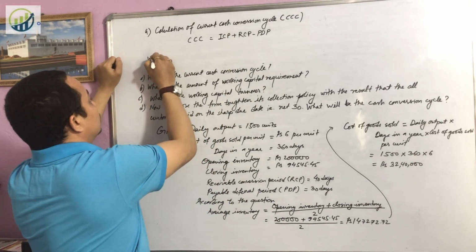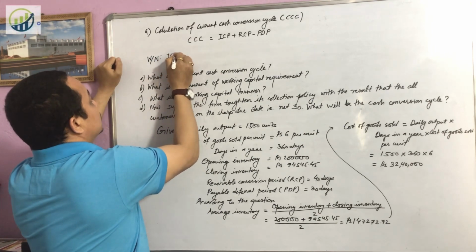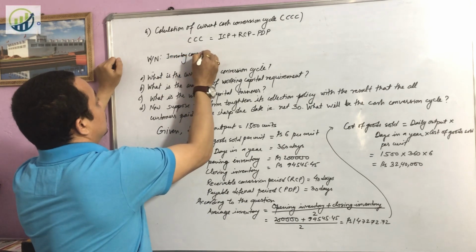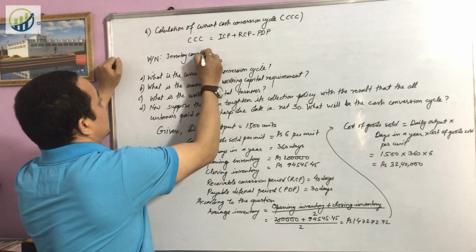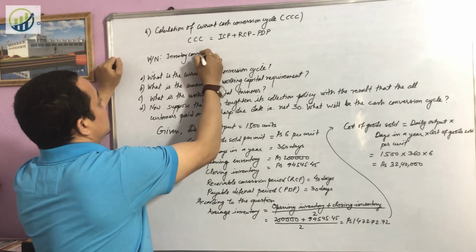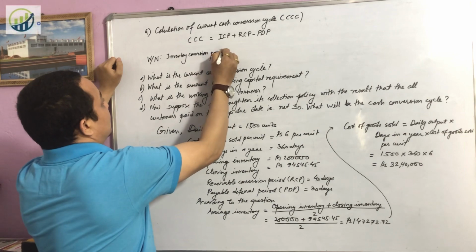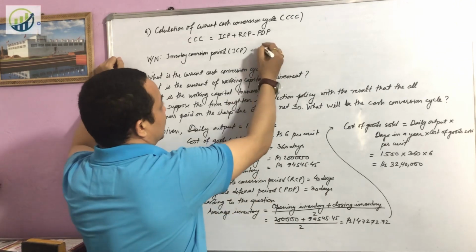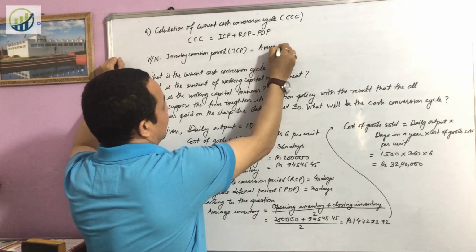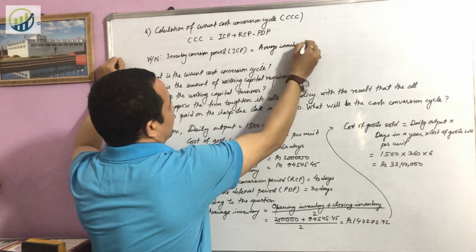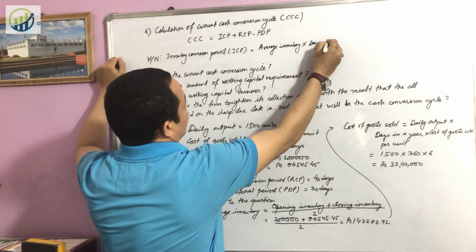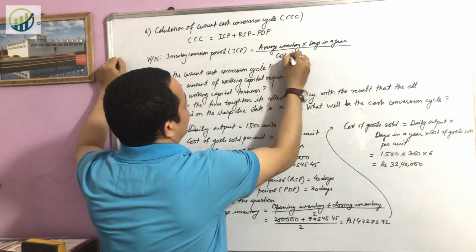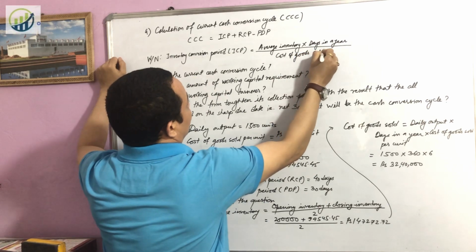So now you can write in working note inventory conversion period, shortly ICP, equal to average inventory into days in a year divided by cost of goods sold.